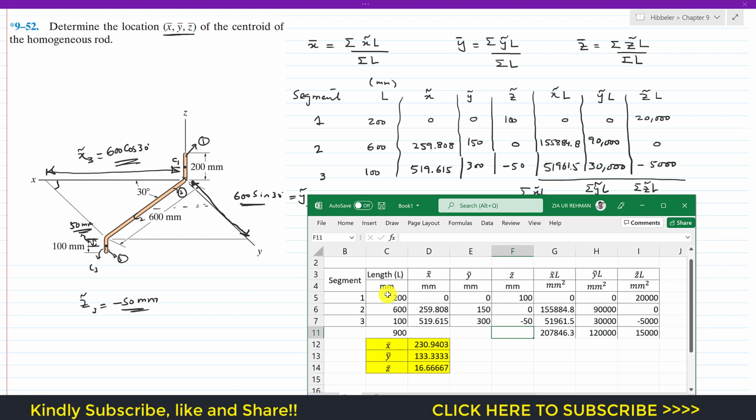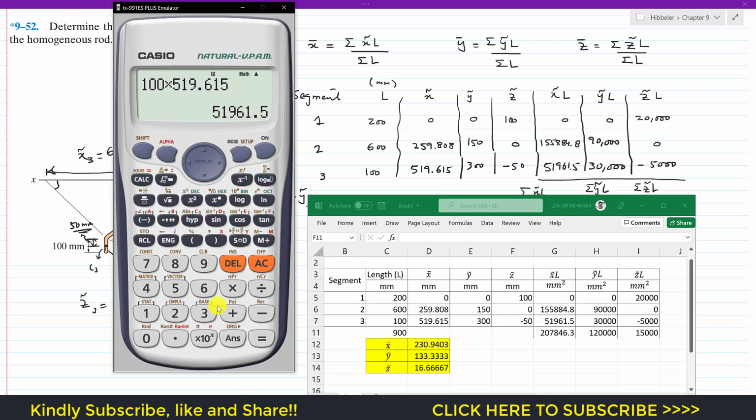So now the summation of x tilde times L is 207,846.3, and the total length is 900. If we divide this value by 900, we will get this.